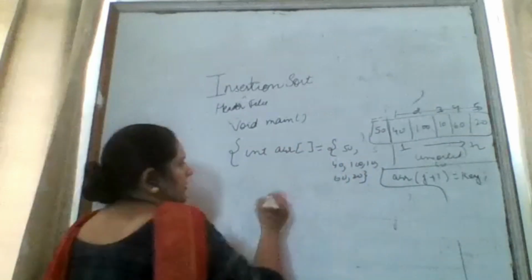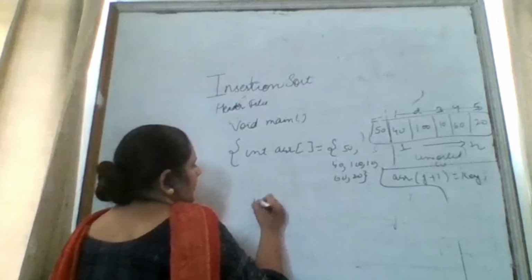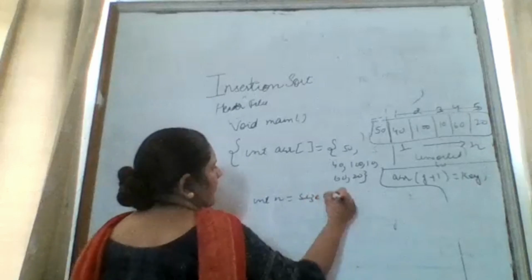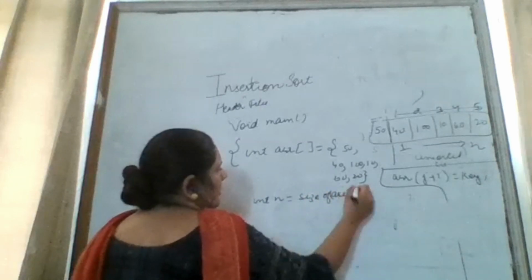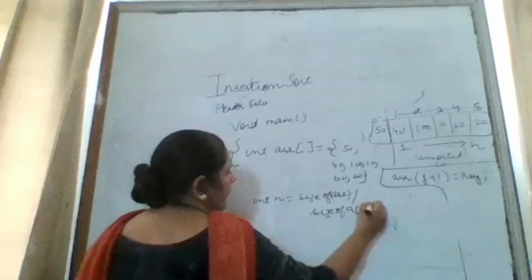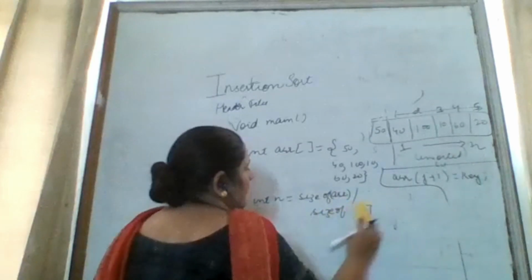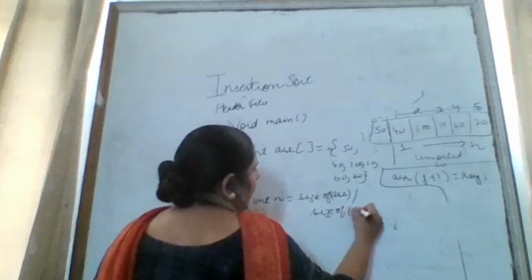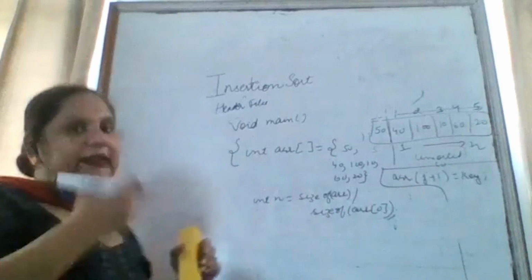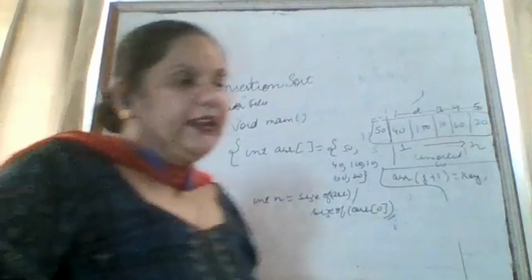Then you will write integer n is equal to size of array divided by size of array 0. So this is how you will find the size of the array.